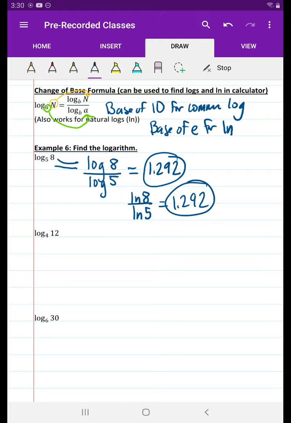So for this next one, log base 4 of 12, we can rewrite this with our change of base formula as log 12 over log 4.